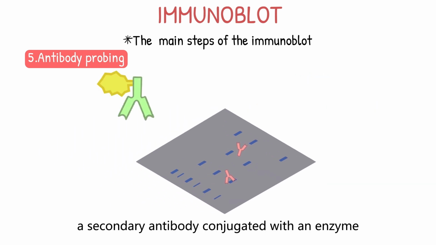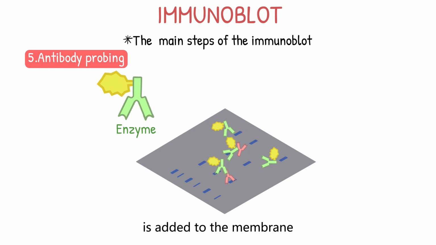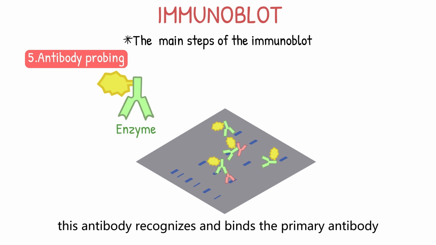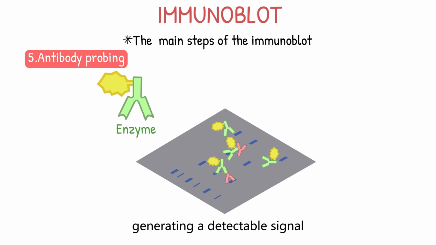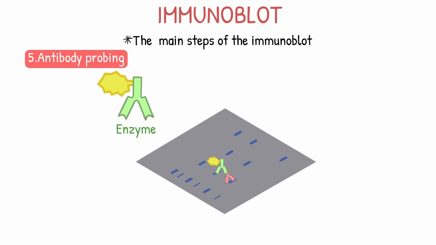A secondary antibody conjugated with an enzyme, typically horseradish peroxidase or HRP, is added to the membrane. This antibody recognizes and binds the primary antibody, generating a detectable signal. The membrane is then washed again to remove unbound or weakly bound secondary antibodies.